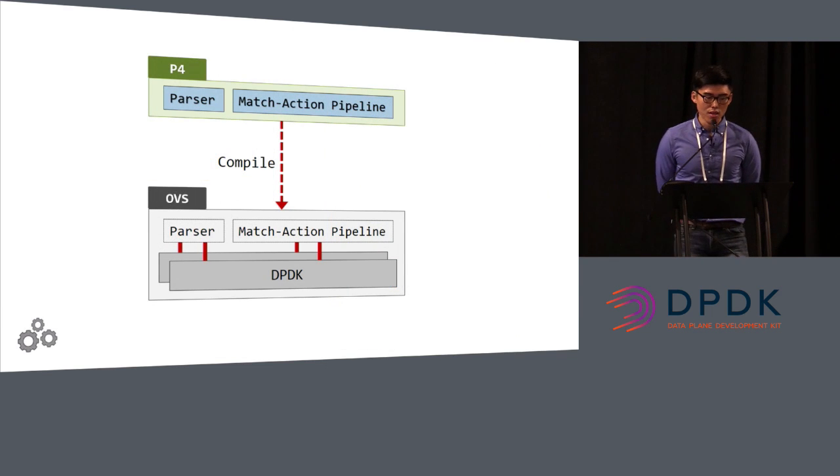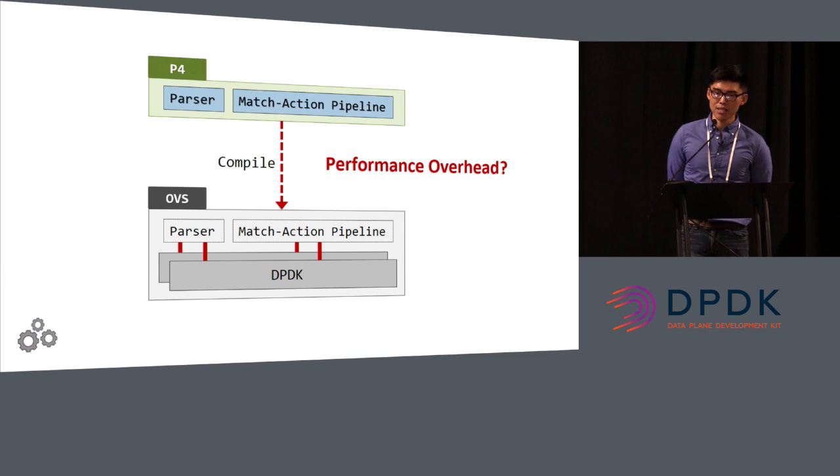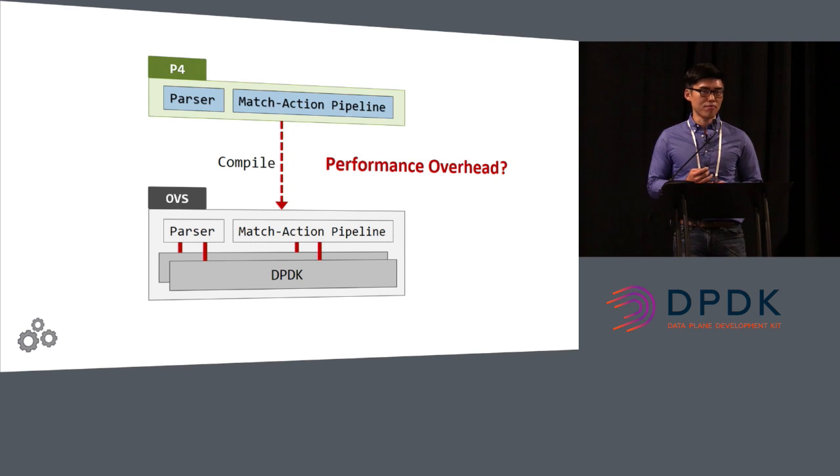A question that I always get when I present this approach is, is there a performance overhead? Because P4 is a high-level language, you cannot really specify details of, let's say, compilation procedures or any optimizations that you want to make.